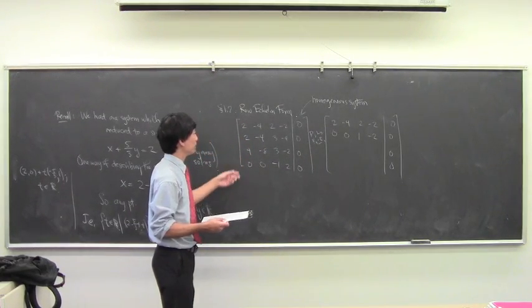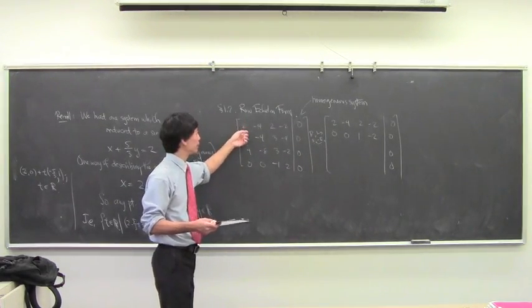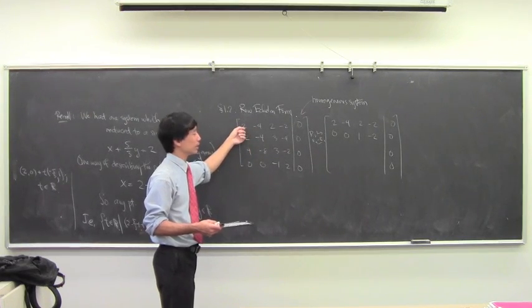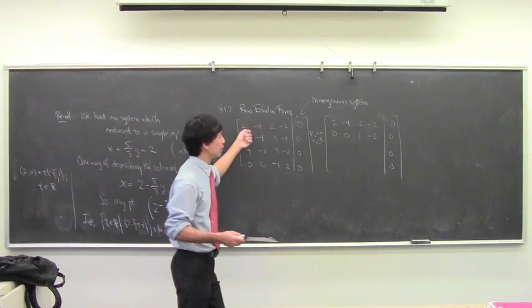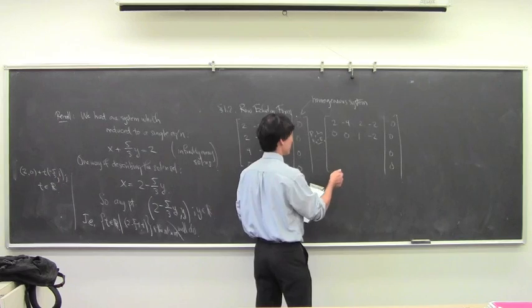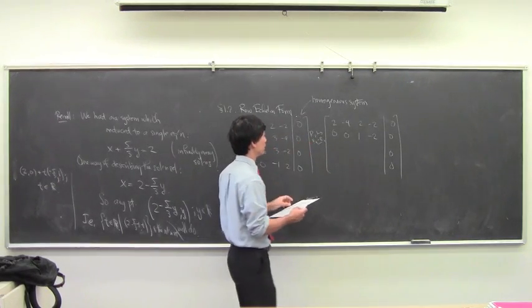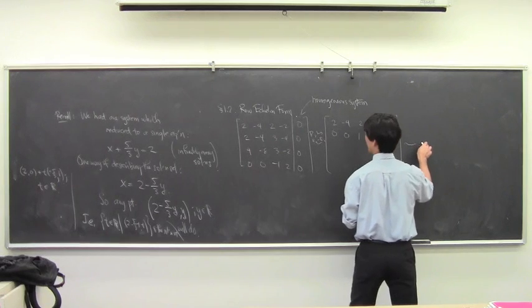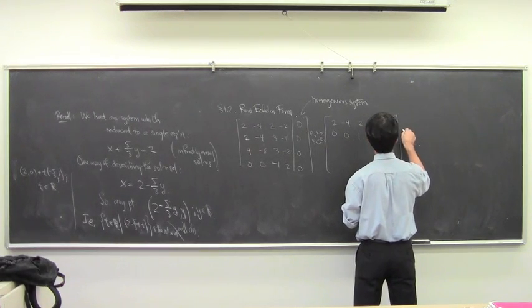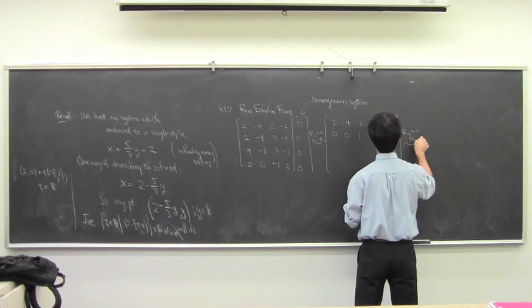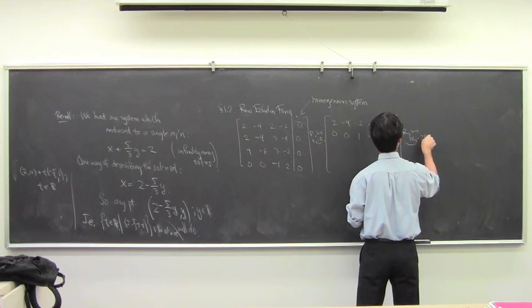And maybe you do something similar right after that. You could take this one minus twice that one. I'm going to do two steps just to save time. Row 3 becomes row 3 minus 2 row 1.